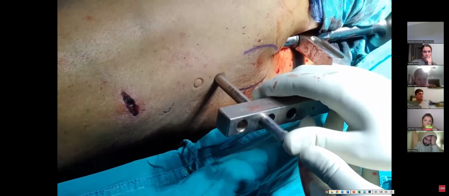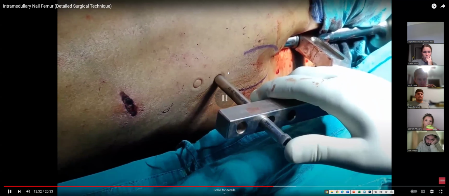So in order to make your skin incision for your locking, you see here, the nail is inserted and the tension on the skin and how it has to push the skin medially to be able to insert it. It is not the problem with the surgeon. It is the problem with the position of the patient and the design.